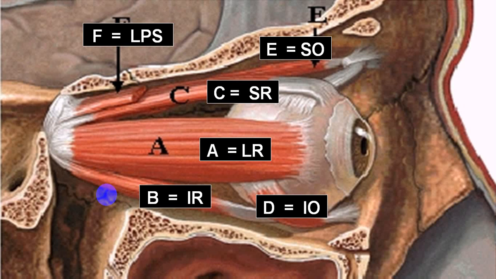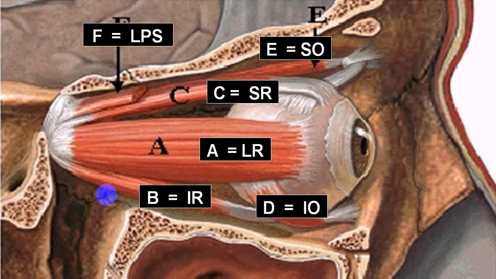The 4 recti are the superior, lateral, medial and inferior rectus, and we have 2 obliques, so totally 6 extraocular muscles. And one muscle is concerned with movement of the upper eyelid, the levator palpebrae superioris.